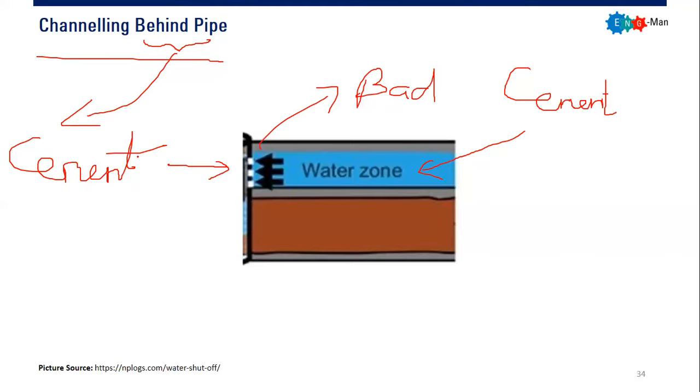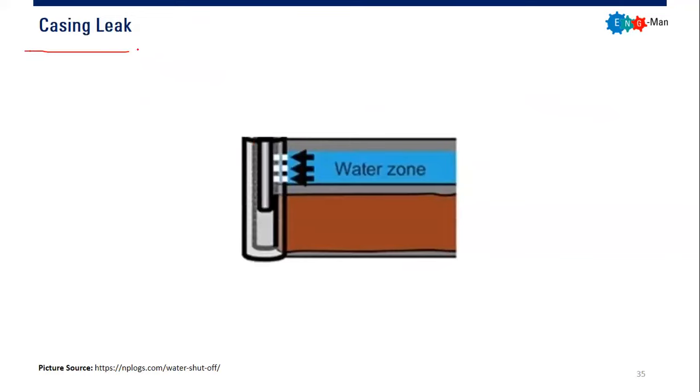And lastly, this is the bad news, your casing is just leaking. Okay, your casing is leaking, and of course it will be very, very easy for the water to go towards the holes on your casing.